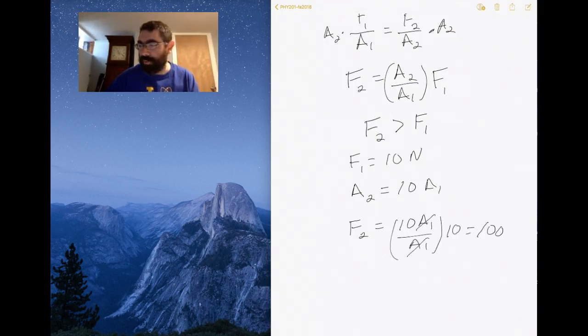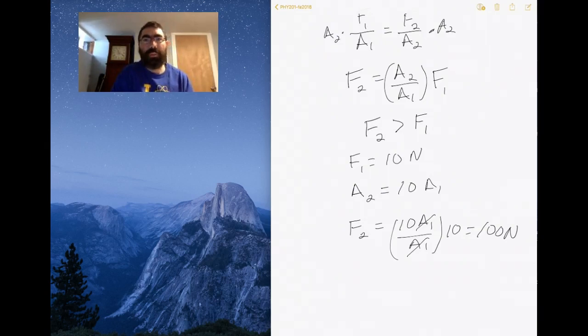I should get a force of 100 newtons. So I've multiplied the strength of the force coming out by a factor of 10. So that's pretty good. Now if we want to lift something up, we don't have to necessarily use just our brute force, but we can use this device which can multiply the force, and we can pick up much heavier objects than we would be able to if we had to just do it with our brute strength.